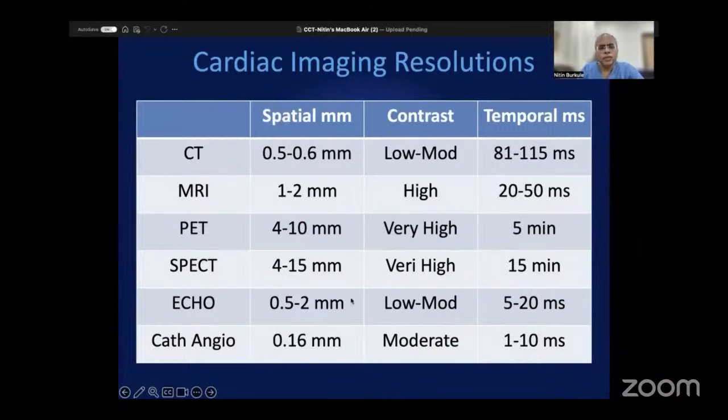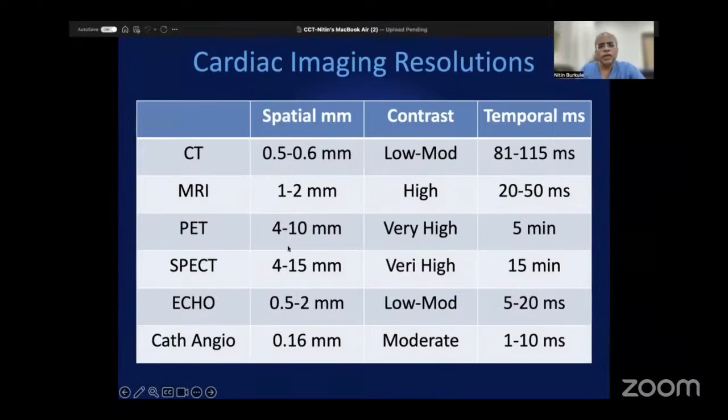The temporal resolution is best with echocardiography and obviously with cath angiography, which is around 1 to 10 milliseconds. If we look at fluoroscopic catheter angiography, the spatial resolution is around 0.2 millimeters. So for CT coronary angiography to match catheter angiography, you still need more technological breakthroughs.